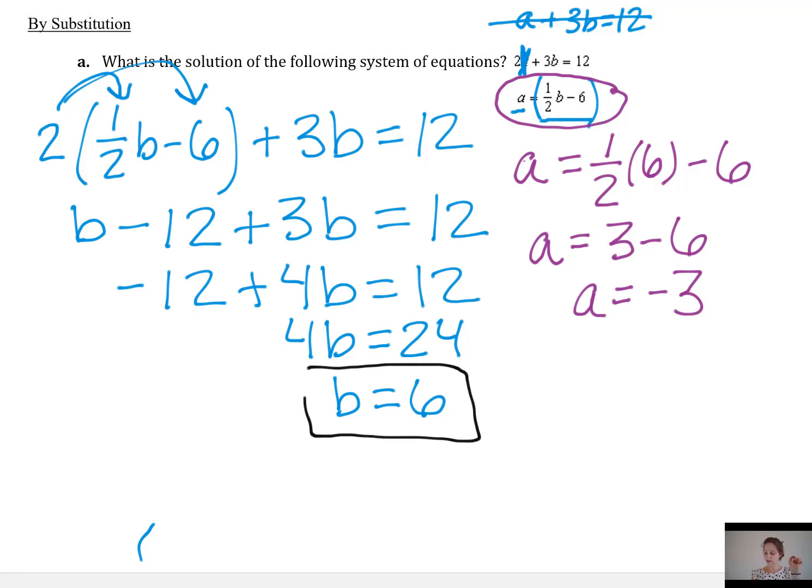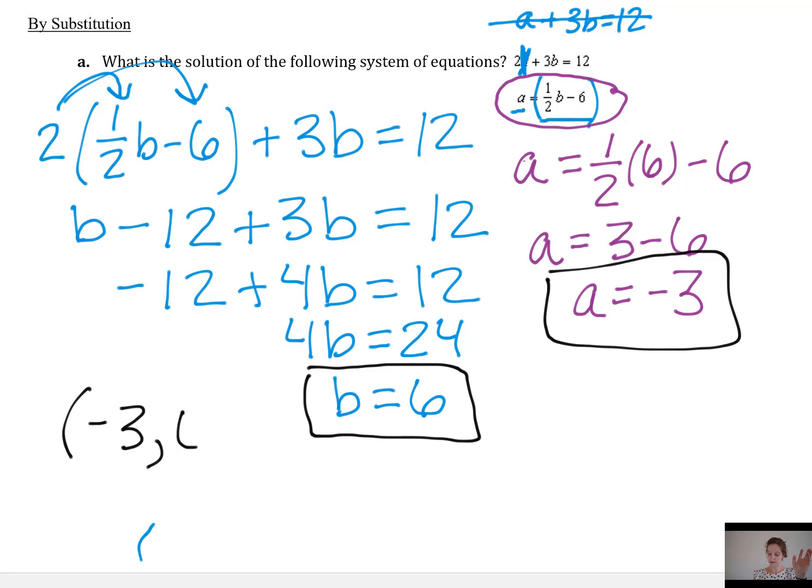So we could leave it as a equals negative 3 and b equals 6. If we were going to put it as an ordered pair, it's a little unusual. That's not x, y. But we could put it in alphabetical order, (negative 3, 6). I would just label it at the top because it's not x and y. Okay, but you don't need to write that ordered pair. That's just extra. But you do need to find both variables, a and b.